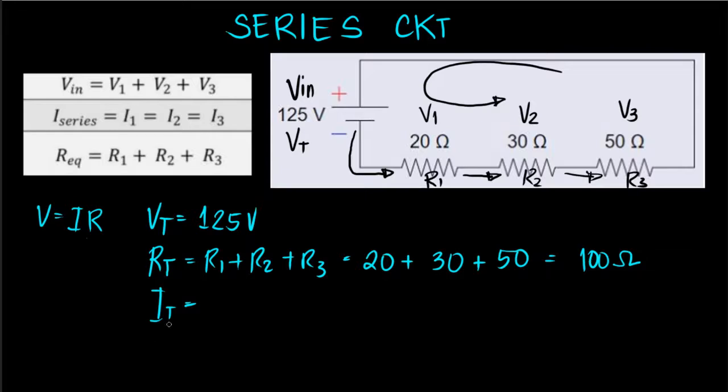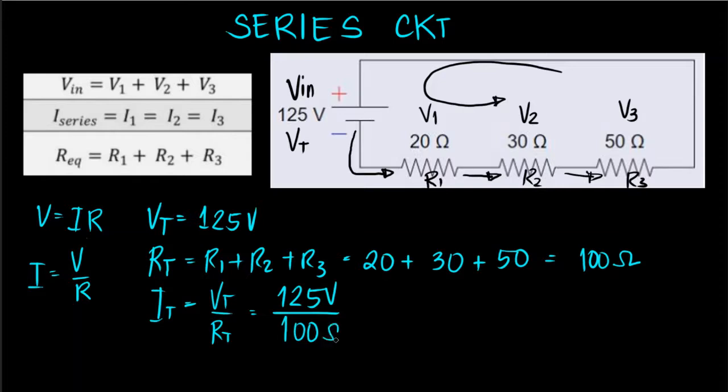Like I told you earlier, if you are looking for the total, you use the total values. So we are looking for IT, and we have the original Ohm's law equation here. We just transpose it: I is equal to V over R. So IT is equal to VT over RT, which is 125 volts over 100 ohms.